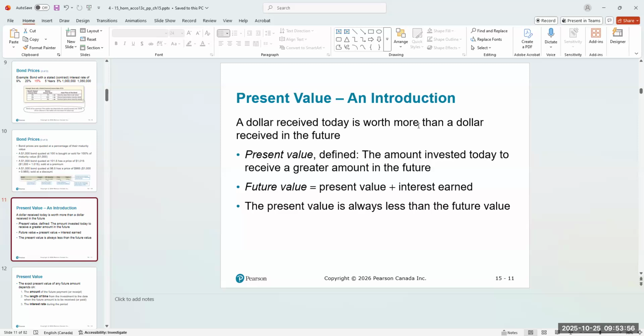Can everybody see this? Is this clear for everybody? Okay, that's great. Then that means the present value of that $1 million today will be less than the $1 million that we're going to get tomorrow.